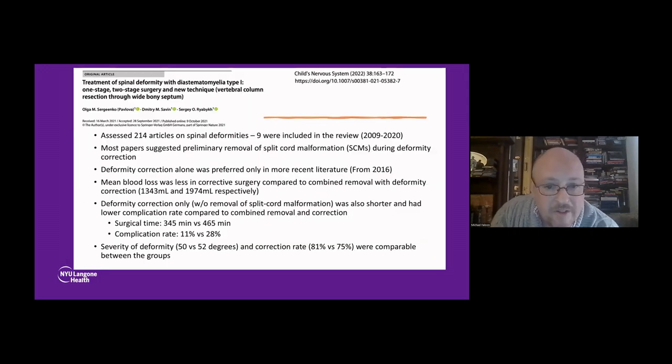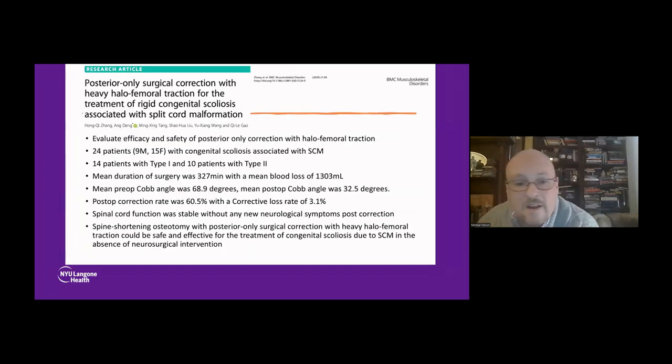And I think some of the consensus that is coming out is that type 2s, more recently, the literature focuses on a single stage. The type 1 is where many more of the complications lie and where the variables occur. And then I do add in there things like halo gravity traction. When does that come into our planning process for staging this procedure or not?